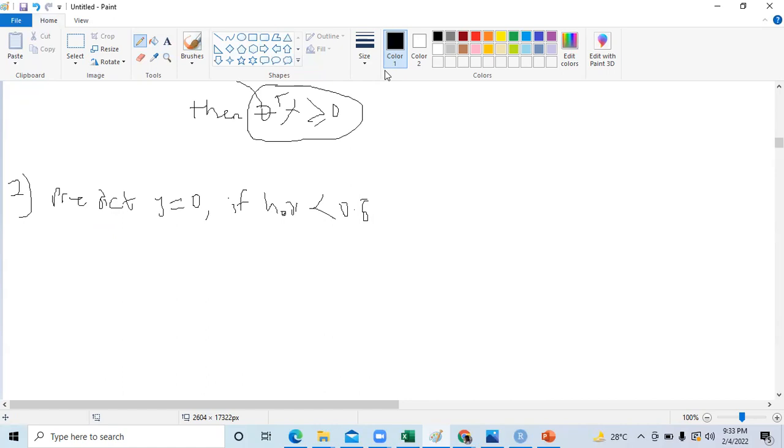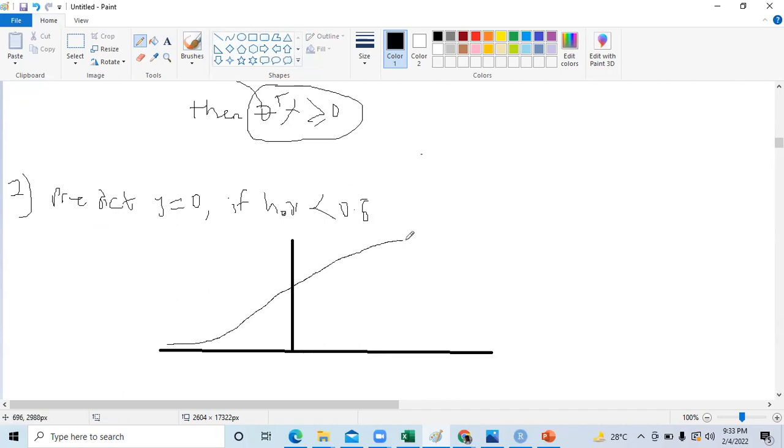So let's draw g of z, and then we have z on this plane.